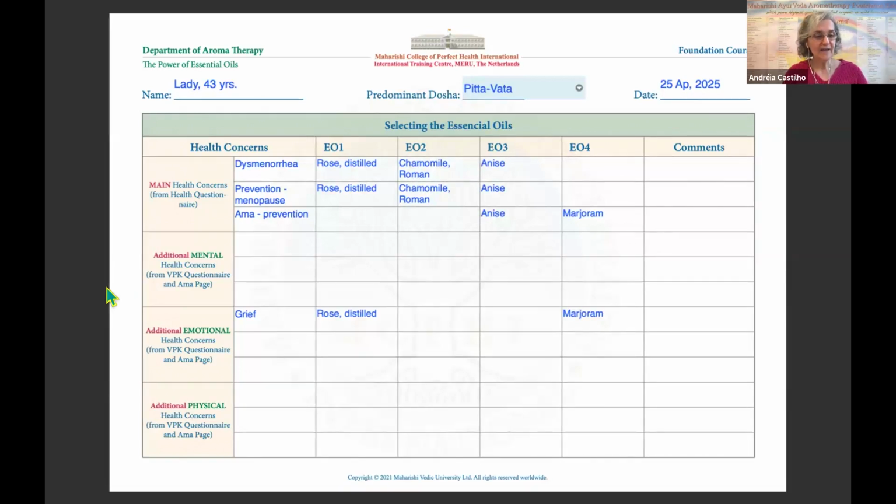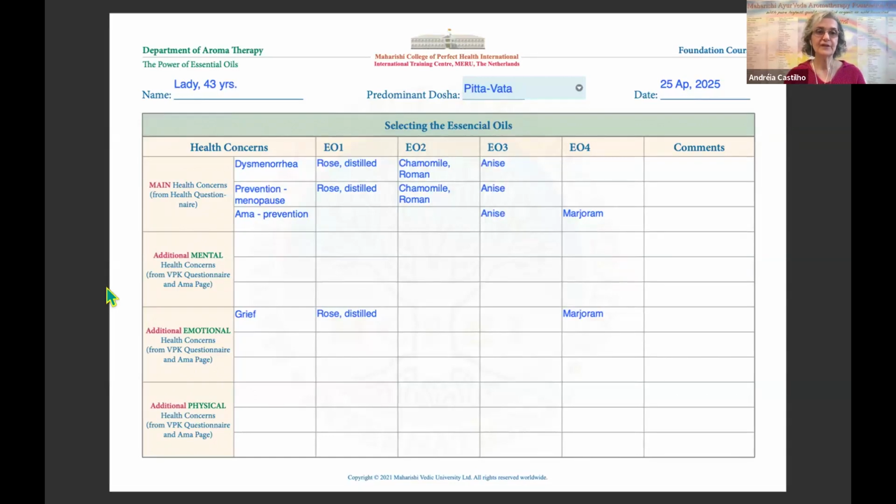So I added an essential oil for grief, just to show that essential oils also can help with something like this, which tends to be a very long, long healing process. And there are ways in which an essential oil can help uplift you, and help you overcome something like this more easily. So we see here that essential oil of rose distilled, because there are different essential oils of rose.